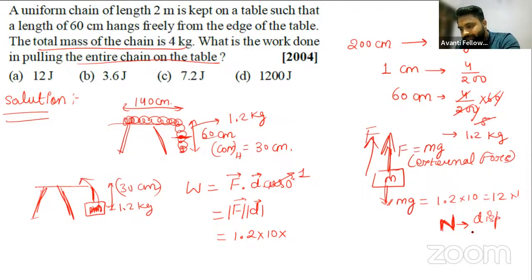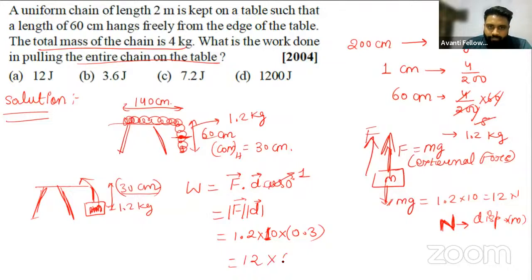You have to take the displacement in meters, because the force is in Newton. How much displacement does this block need? It is 30 centimeter, which means 0.3 meter, because 100 centimeter is 1 meter. So now calculate it: 12 multiplied by 0.3 is 3.6 joule.